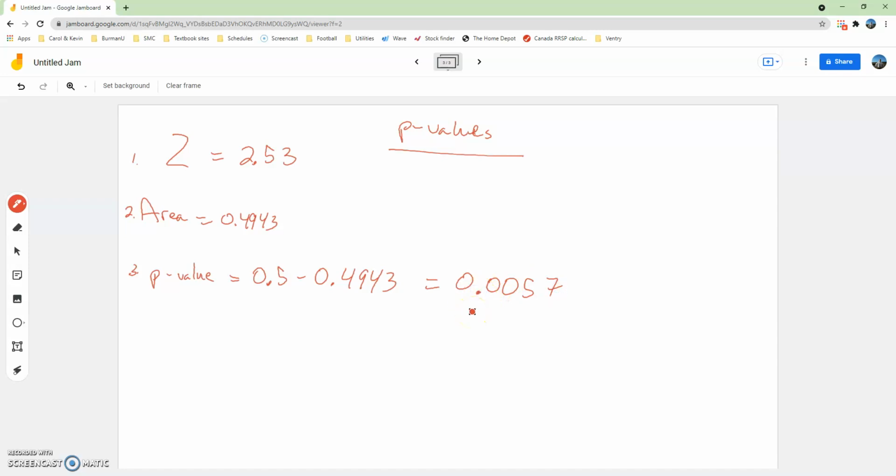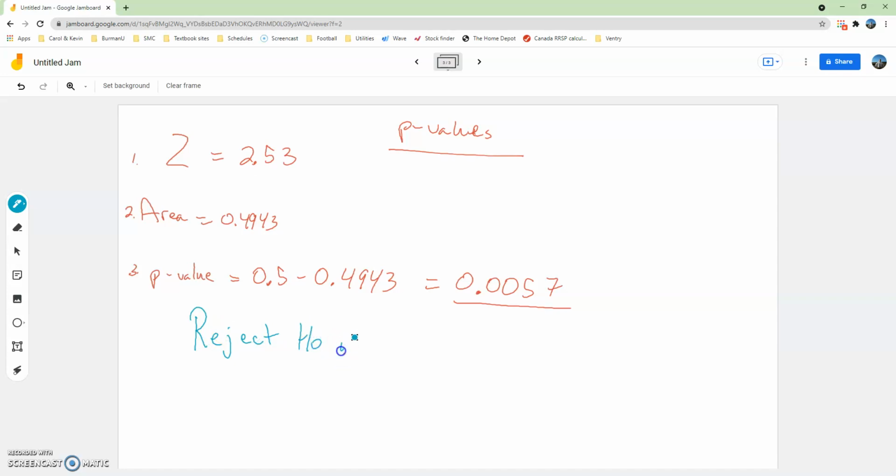If this were a two-tailed test, we would double this value. But we know that it's a one-tailed test because of the key words in there. It said at least.